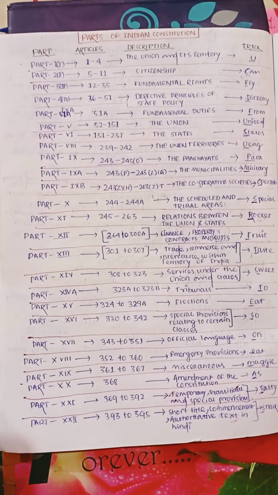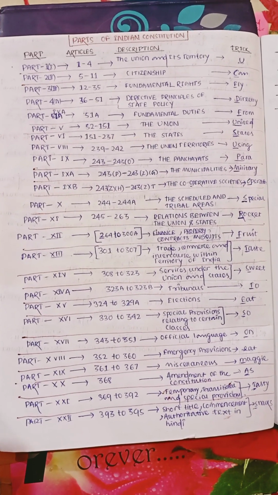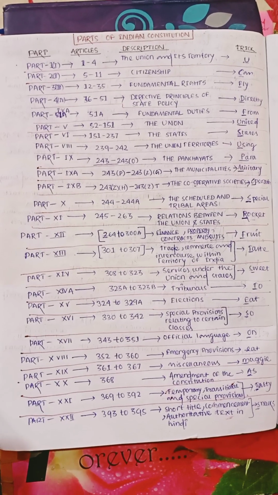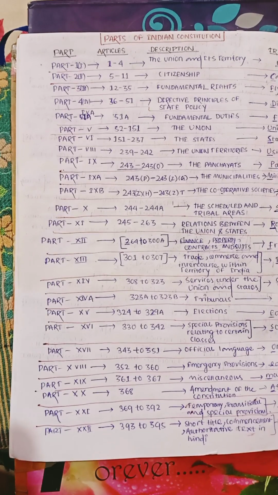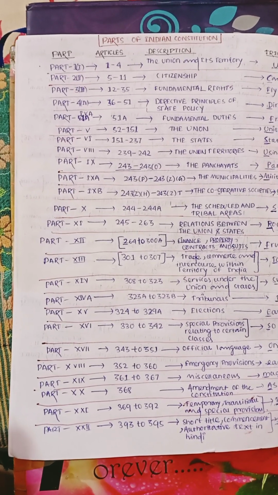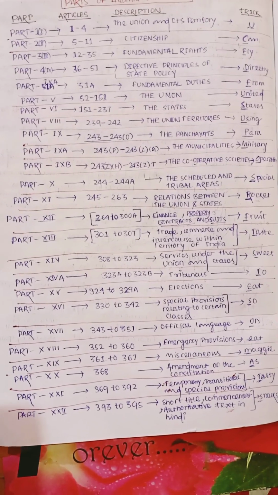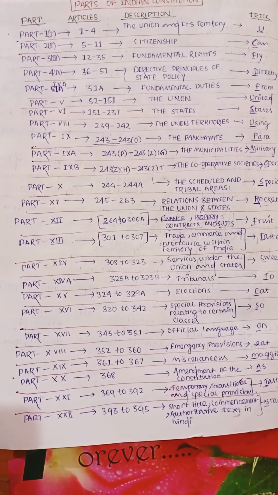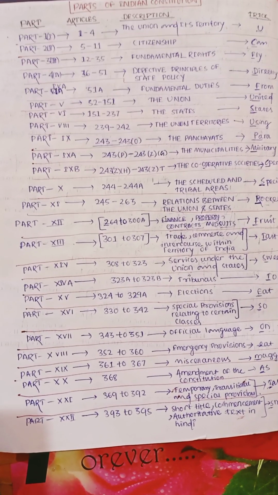And the last one is part 22, which have article 393 to 395, which give a short title, commencement, authoritative text in Hindi. So we now briefly describe the parts and the articles and what are the descriptions of that article.